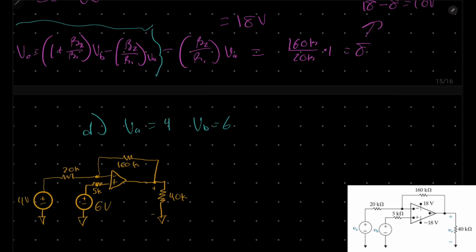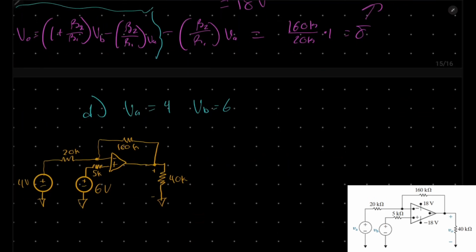Now let's take the equation we found before and plug in our numbers. So V out is going to equal 1 plus 160K divided by 20K times 6 minus 160K over 20K times 4.